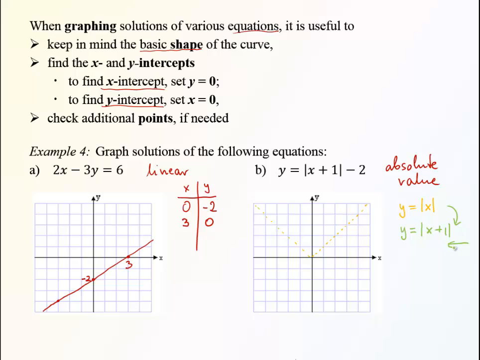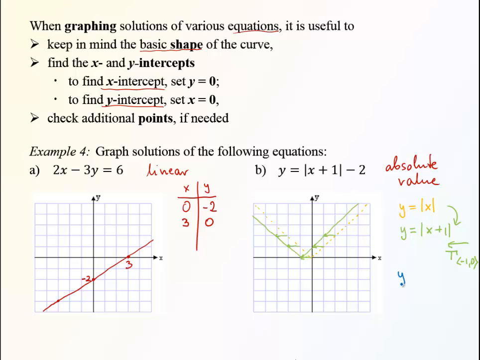So this is a translation by the vector -1, 0. Therefore my point 0, 0 travels one step to the left. Point 1, 1 travels one step to the left, and so on and so forth. So the whole shape will become a V, but shifted one step to the left. This is not my final graph yet, but it's very close.